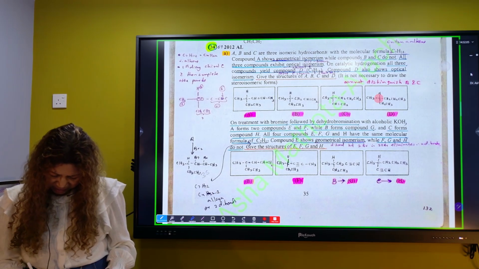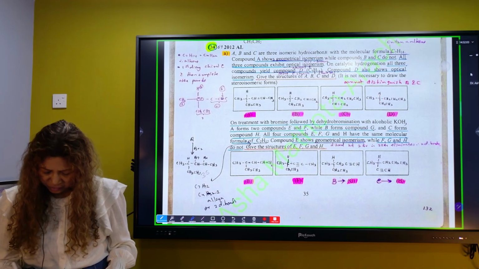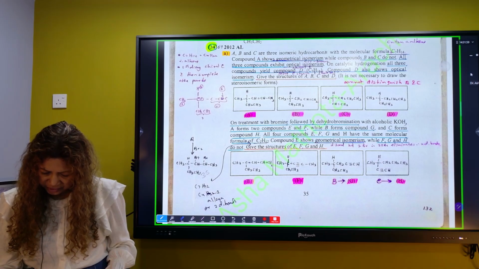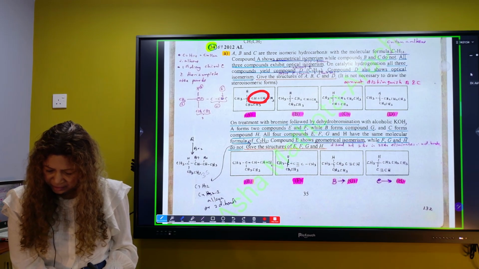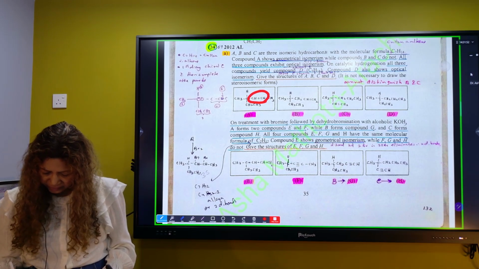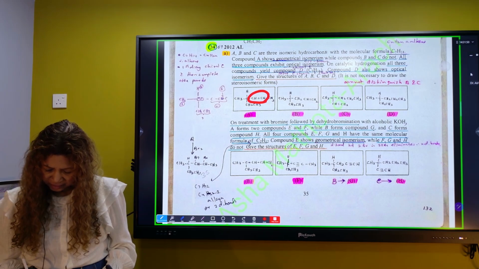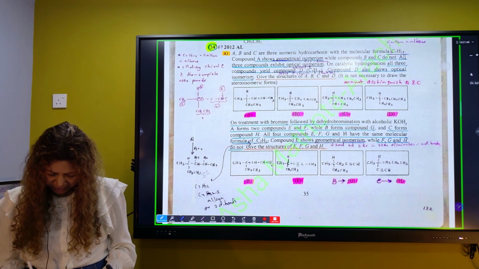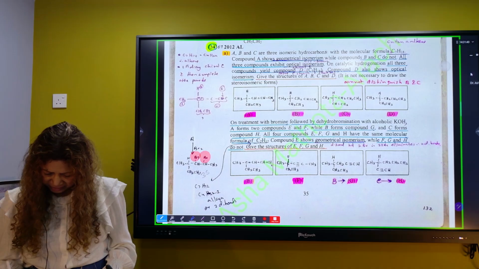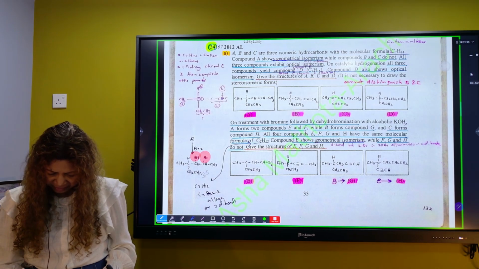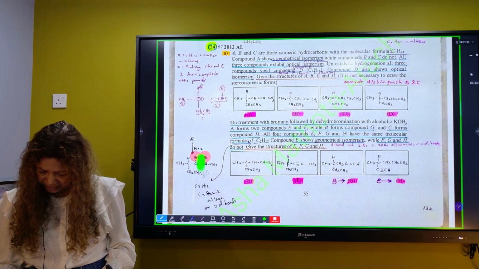On treatment with bromine followed by dehydrobromination with alcoholic KOH, A forms two compounds E and F. Both sides have the same number of carbons here, but the bromines come here. So if both bromines get away with both hydrogens of the same carbon, then you are getting a triple bond here.